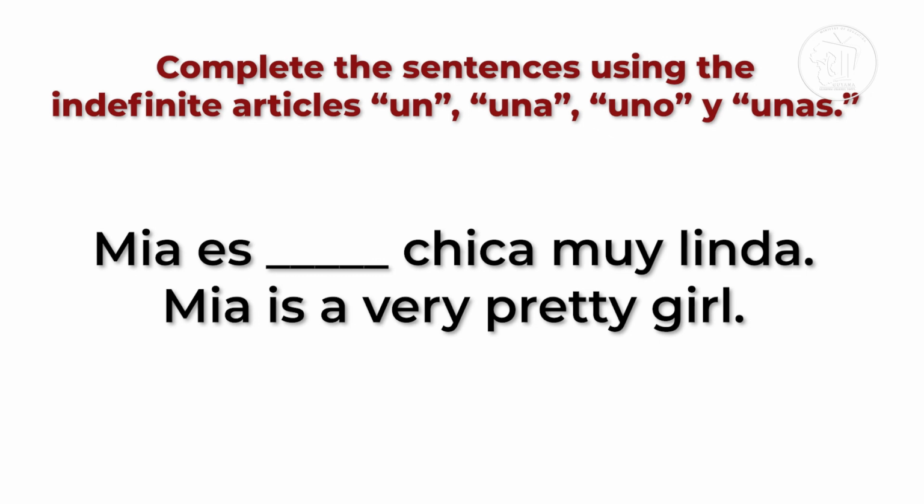As we could see, chica is a singular feminine noun. Therefore, the indefinite article to be used should be una. So your final sentence should read, Mía es una chica muy linda. Muy bien hecho, chicos. Well done.